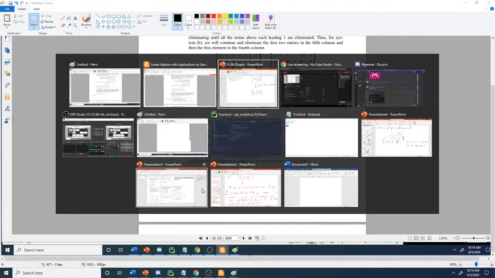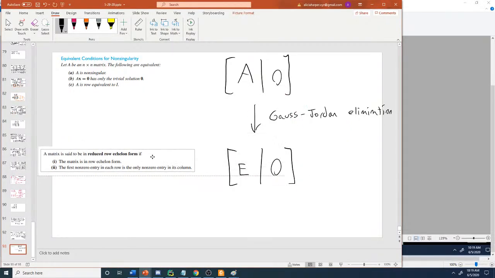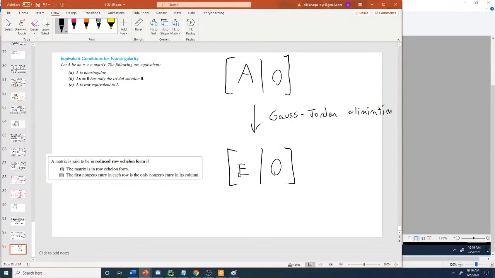So, after applying Gauss-Jordan elimination, you get something like this. So the matrix E is in row echelon form, and the first non-zero entry in each row is the only non-zero entry in each column. So the matrix E has to look something like this.